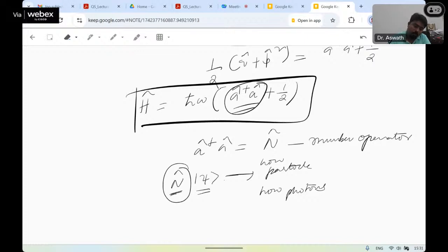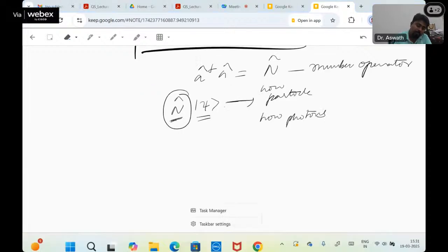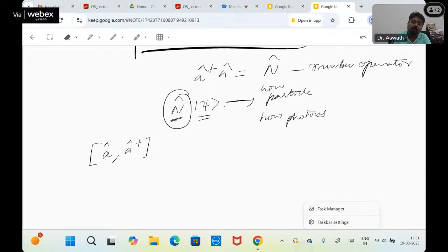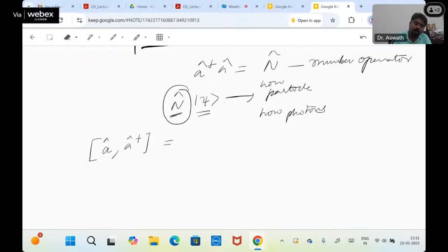Now, talking about a and a dagger, let's check the commutator of a with a dagger. Interestingly, it comes out to be 1. Very interesting.